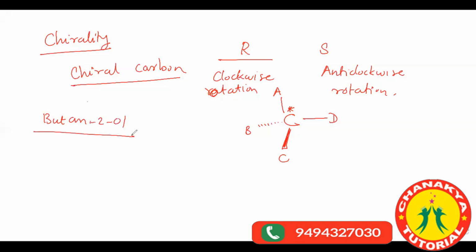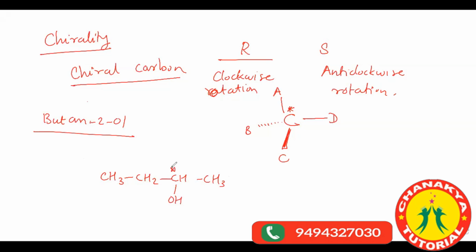What would be the structure for butan-2-ol if I write it? What I'll get normally is CH3CH2CH2CH3, this is your n-butane, right? At the second position there should be an OH group, as per the name. I'll get OH here, isn't it?